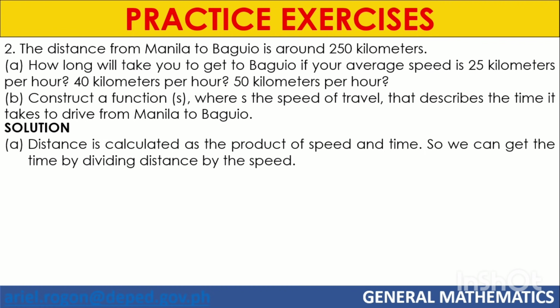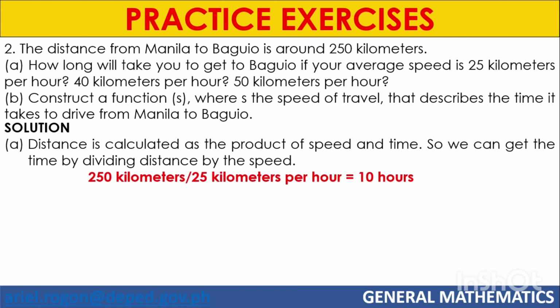So we can get the time by dividing distance by the speed. Now, so kapag 25 kilometers, ilang oras nila tatakbuhin from Manila to Baguio? Kung ang average speed ay 25 kilometers per hour, ganun kabilis yung sinasakyan nila. So, ilang oras? So, 10 hours.